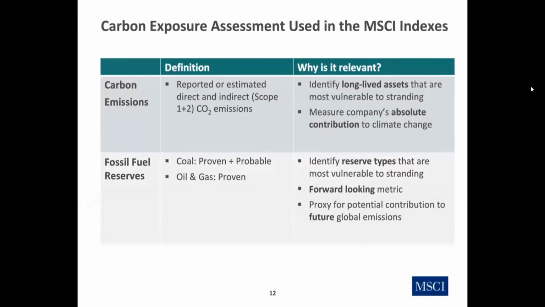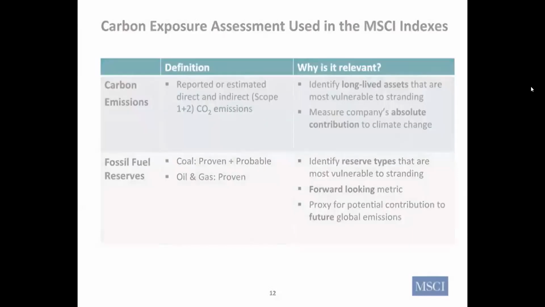Since the size of the reserves of a company typically influences its market valuation, MSCI normalizes for size by dividing the potential carbon emissions of the company by its market capitalization. This parameter is relevant as it seeks to capture reserve types most vulnerable to stranding, is forward-looking, and is a proxy for a company's potential contribution to future global emissions.